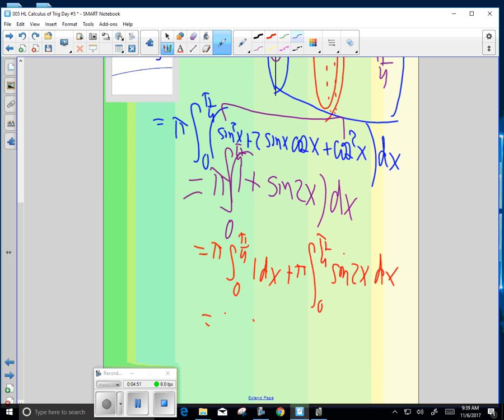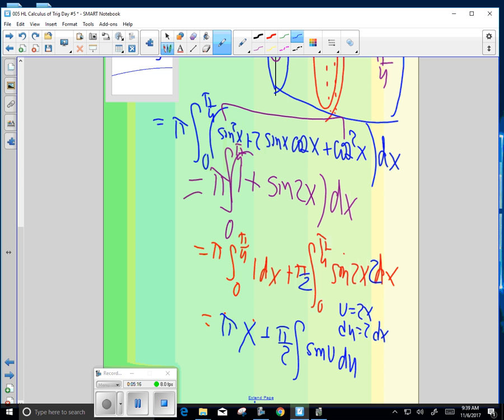So this is just going to be, and if you can, u is 2x, du is 2 dx, so we need a 2, pull out a 1/2. So this is going to be pi x plus pi over 2 sine u du.